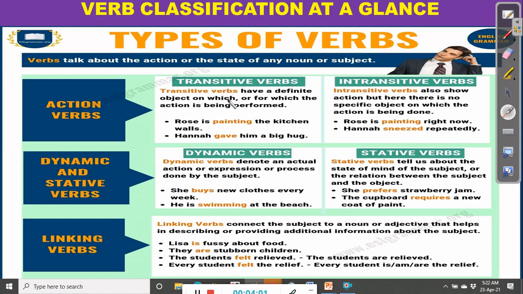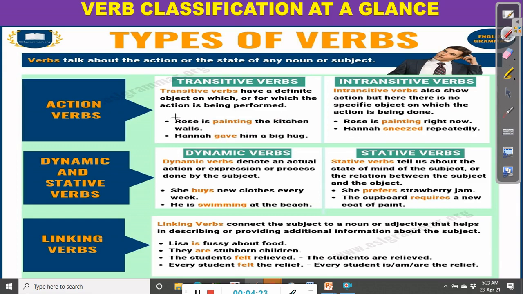All right, transitive and intransitive. Now, transitive verbs have a definite object, on which or for which the action is being performed. For example, Rose is painting the kitchen. The kitchen is here the object.